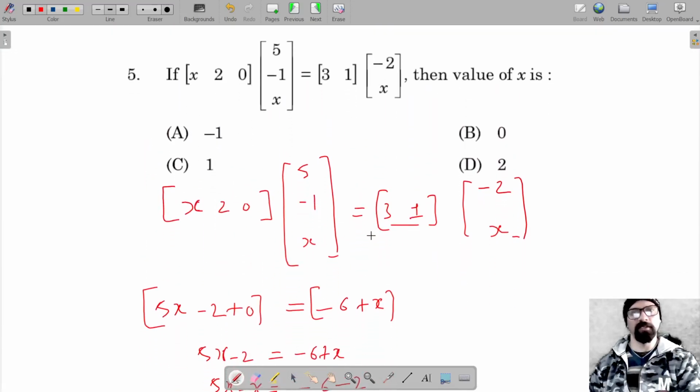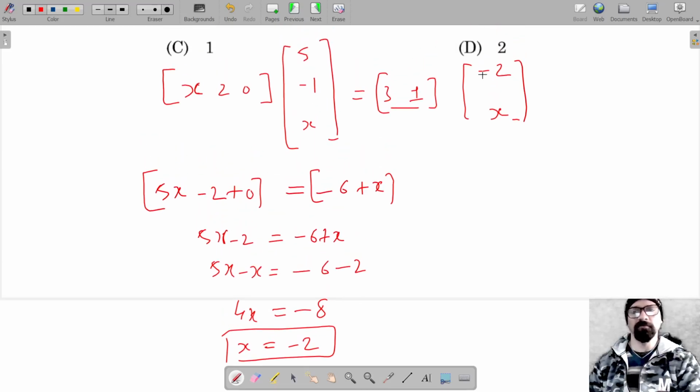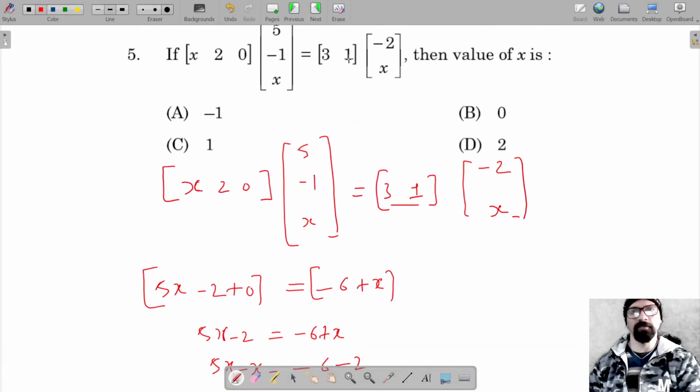So x is equal to negative 2 is not the option available here. So let's check it once again. So this is 5x minus 2 and negative 6. This is negative 6, and this is 3, negative 6 plus 1 into x.